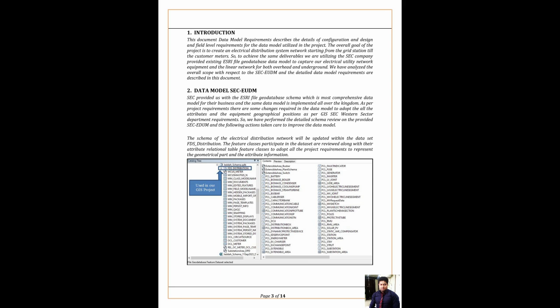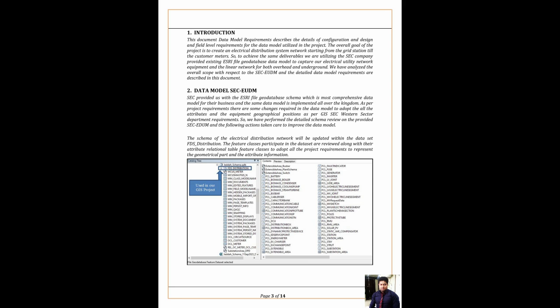So, we have performed the detailed schema review on the provided SECUDM and the following actions were taken to improve the data model. The schema of the electrical distribution network will be updated within the dataset FDS_distribution.